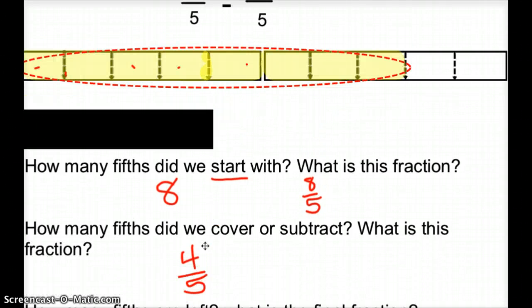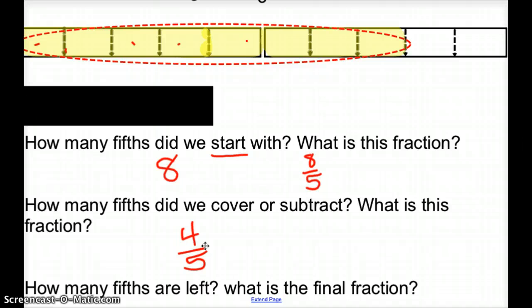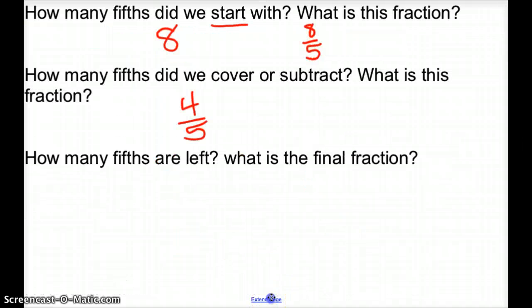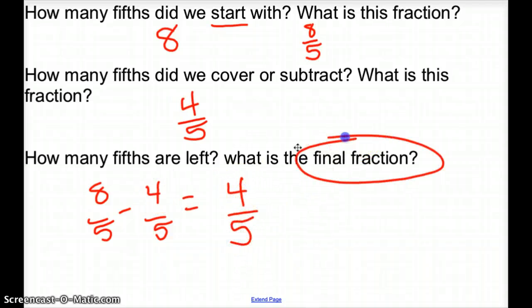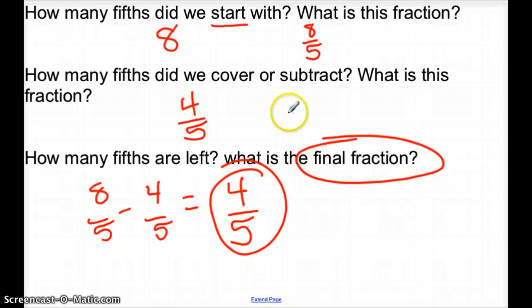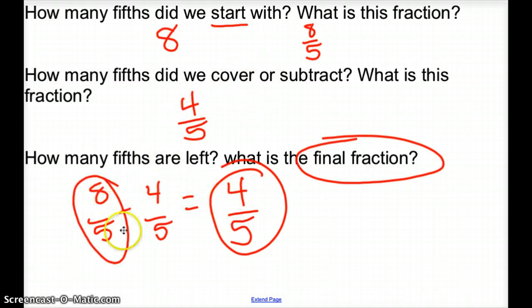So we have 8/5 minus 4/5. So 8/5 minus 4/5 equals 8 minus 4 is 4/5. So the final fraction is 4/5. Alright, so this started with an improper fraction, but we ended up with a regular fraction.